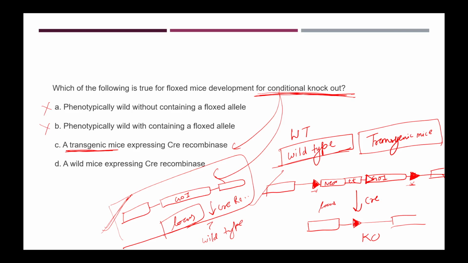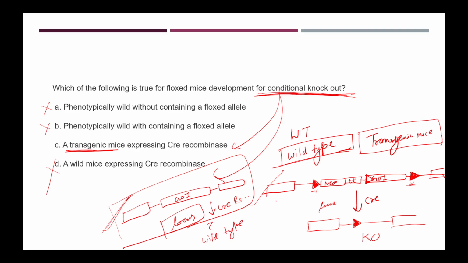Knockout will only happen when you have the sites for recombination that will remove the gene of interest. So here in the wild type, you can see there is no LOXP site. If the recombinase is expressed, there is no LOXP site to recognize. That's why there will be no elimination of the gene of interest. So automatically this answer will be wrong.